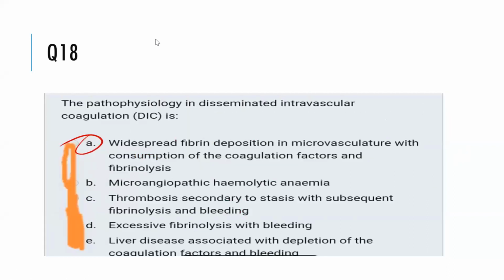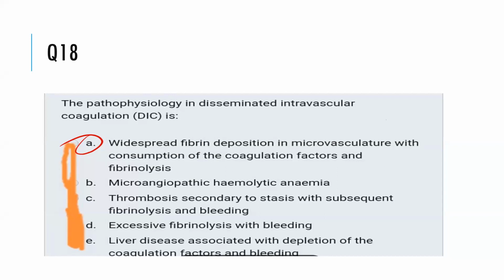Next question, which is the last one. The pathophysiology in DIC is, so I mentioned this before. The answer is A. It causes a widespread fibrin deposition in microvasculature with the consumption of the coagulation factors and fibrinolysis. So in the long run, this person can't clot because the coagulation factors are all depleted.